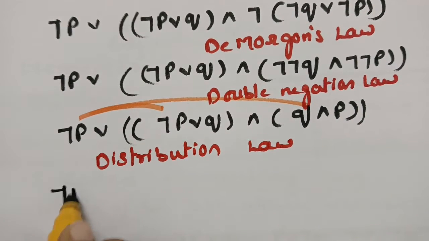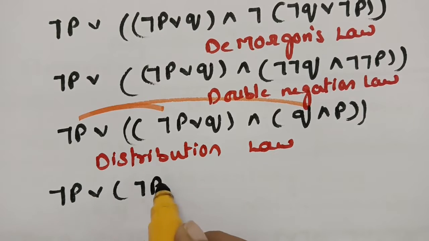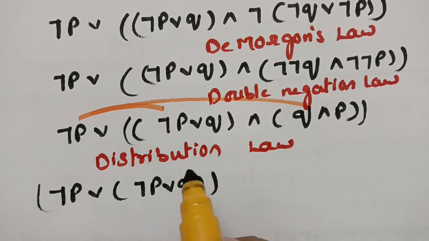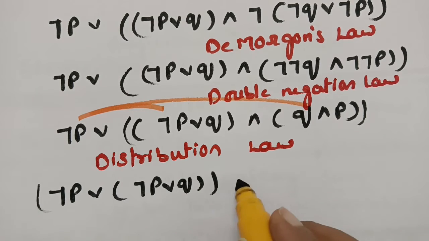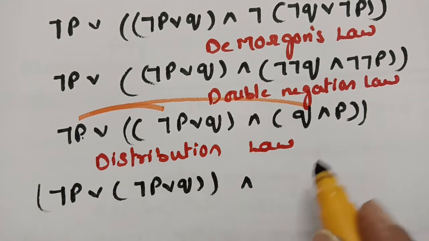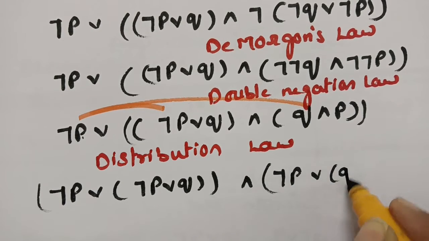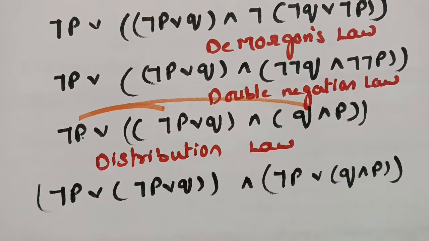This will be negation P or Q. So this negation P is distributed to this one, and next thing here is and negation P is distributed to this one, negation P or Q and P.